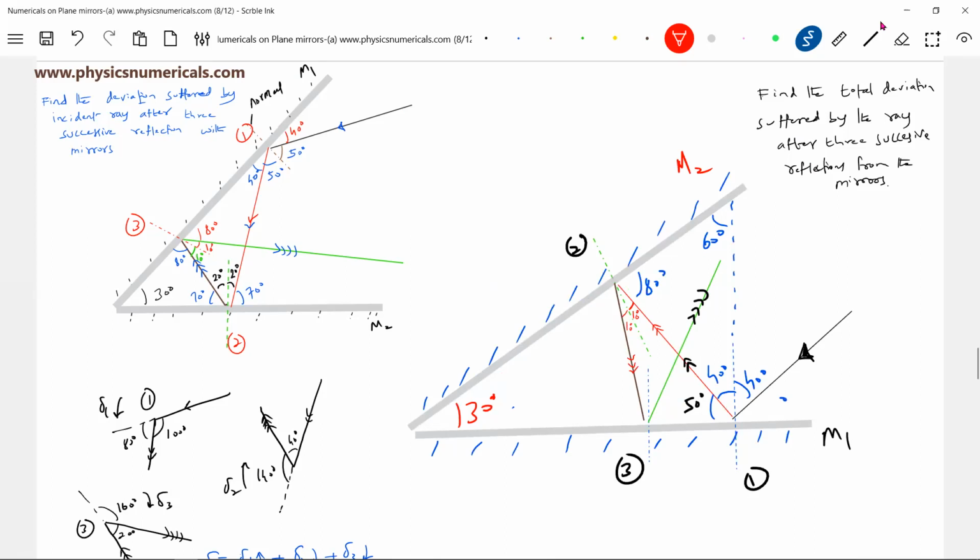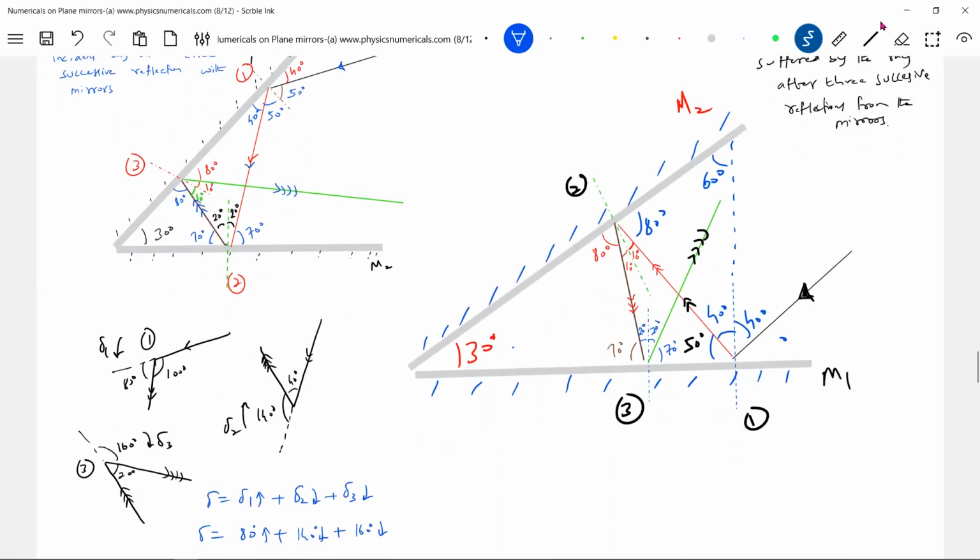If this angle is 10 degrees, this should be 80 degrees. This should be 70. If this angle is 70, then how much should this be? 20. Okay, fine. Everything we are able to make out.